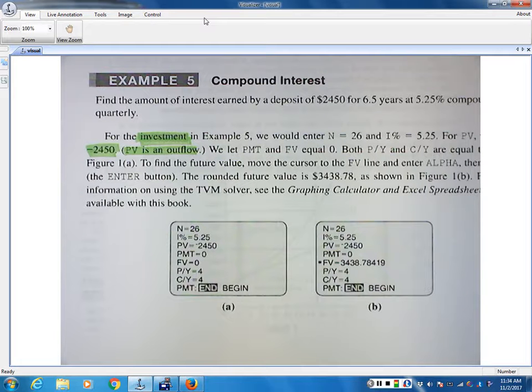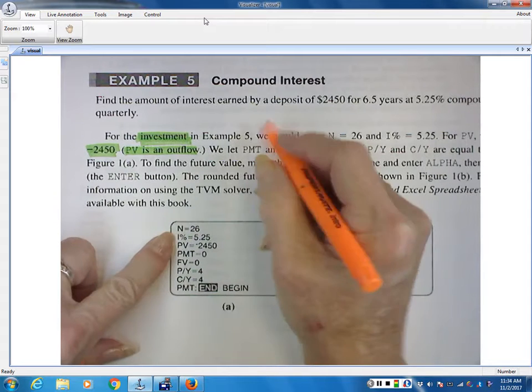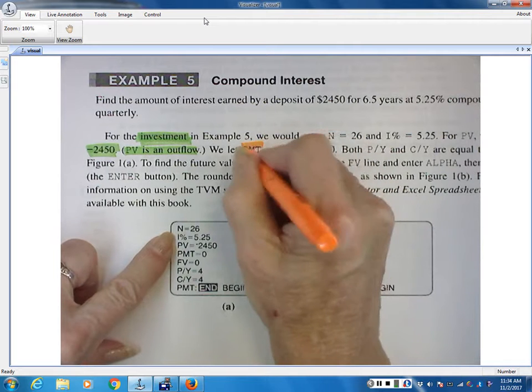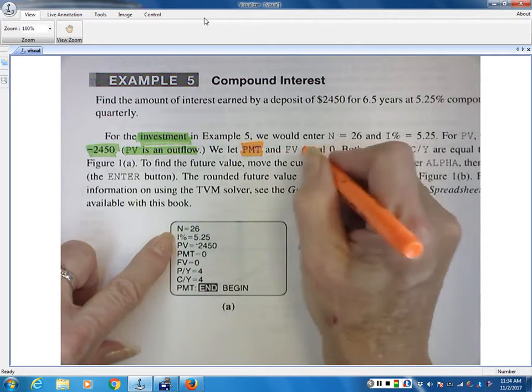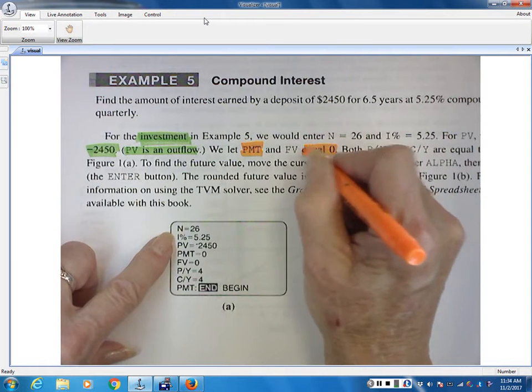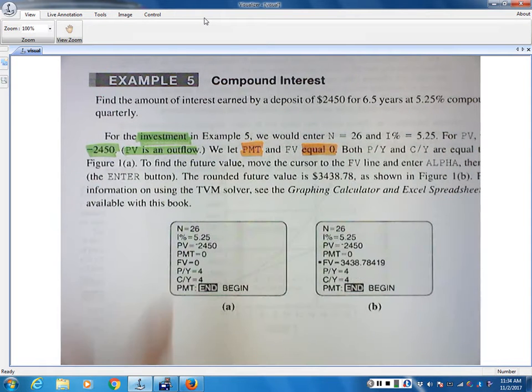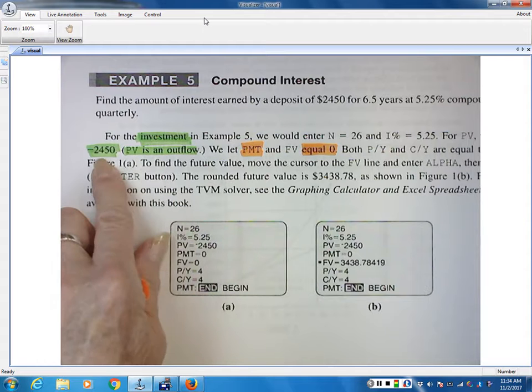Now some other things to take note of. We're going to let the payment equal 0 because we're not recipients and we're not making any more payments once we make the initial investment. We're only going to invest the initial $2,450.